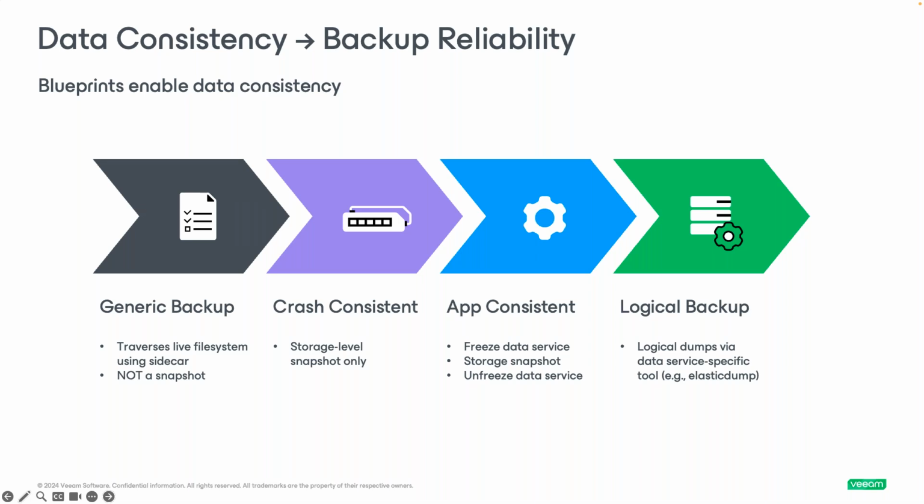In the Veeam Backup and Replication world, you can use what we call pre-freeze and post-thaw scripts against a guest OS, the guest file system, and also the workload. On Kubernetes, you can also ensure data consistency during backup by using what we call a Blueprint. Blueprint provides a similar set of capabilities like pre and post script logic.